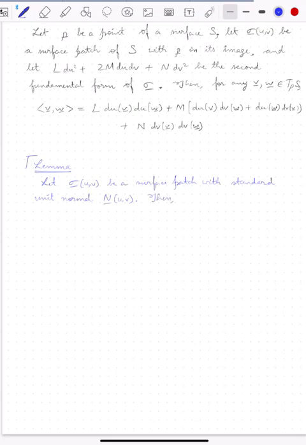Then n_u dot sigma_u is equal to minus L, and likewise n_u dot sigma_v is equal to n_v dot sigma_u is equal to m, and n_v dot sigma_v is equal to minus n.